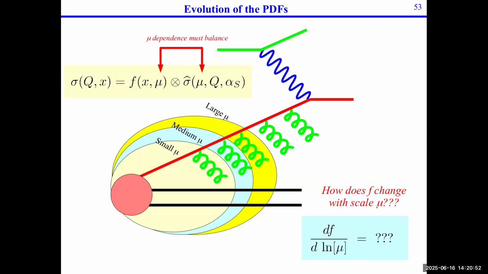As I go back and forth, I'm trading contributions between the two, and I've got to account for that. So mu comes in here, mu comes here, but it does not come in here. And so one of the interesting things, we can use this to figure out how the parton distributions change with energy scale. And so what we're looking for is df/d mu.